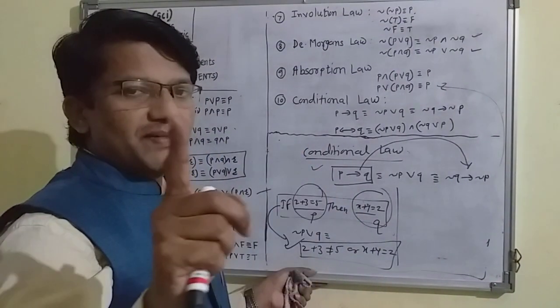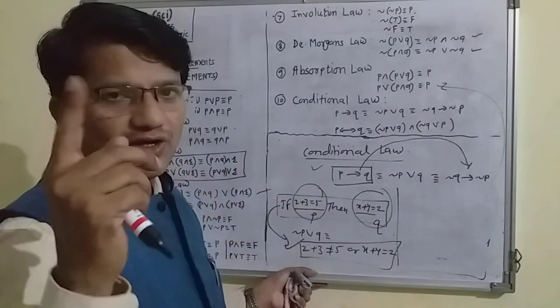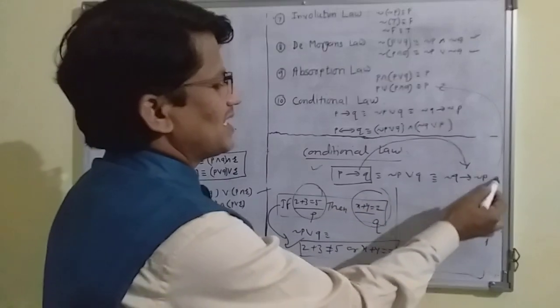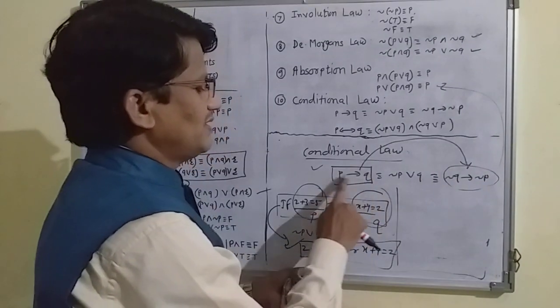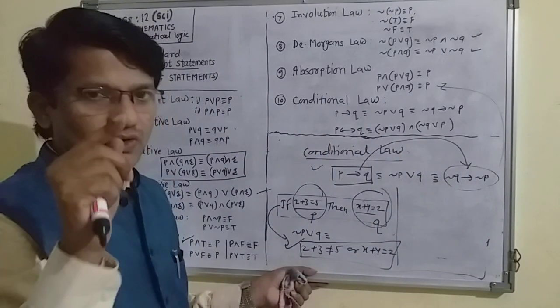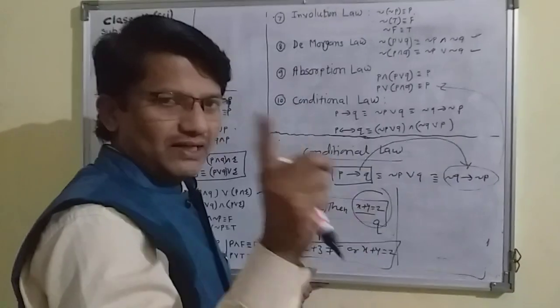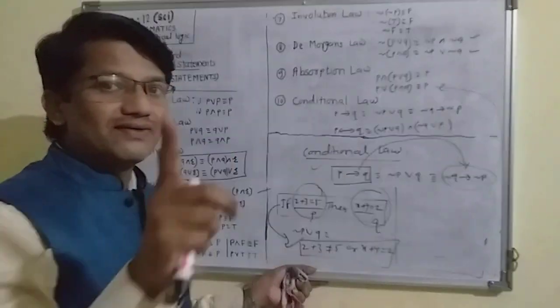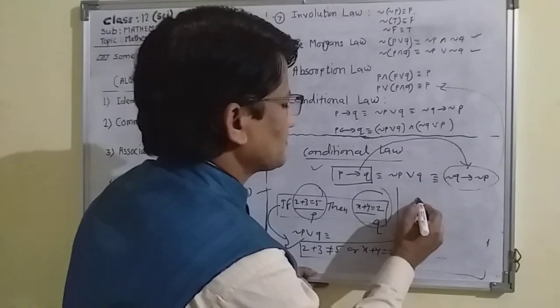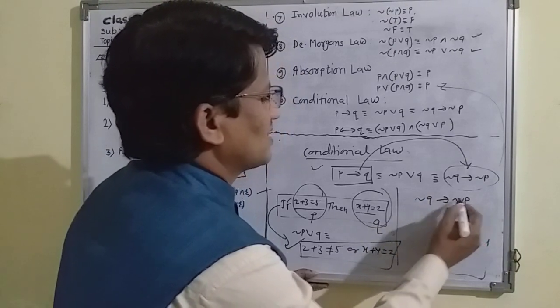Any conditional statement can be represented as converse, inverse and contrapositive. In the last part, just see, Q first, P after. So this is the contrapositive. The contrapositive statement is equivalent to the given statement. Means what? Negation of Q implies negation of P.